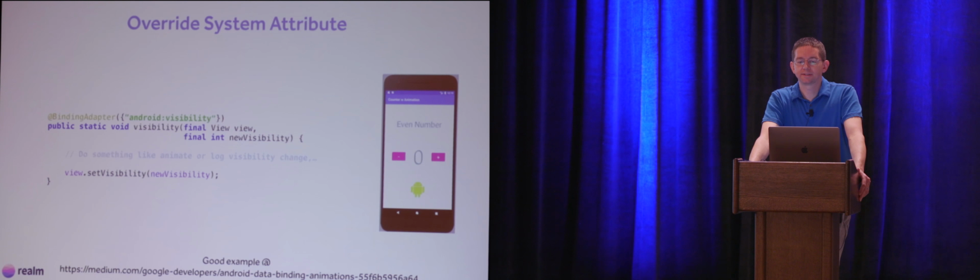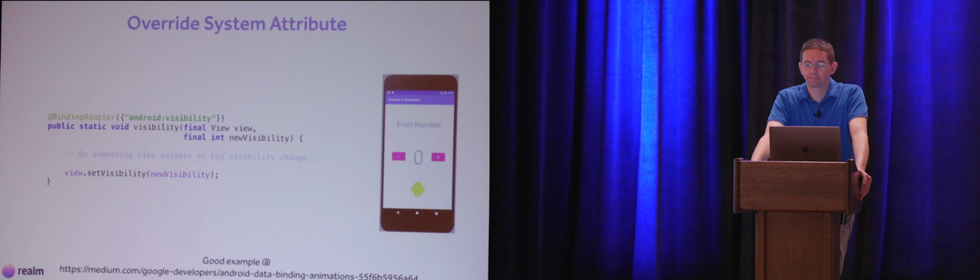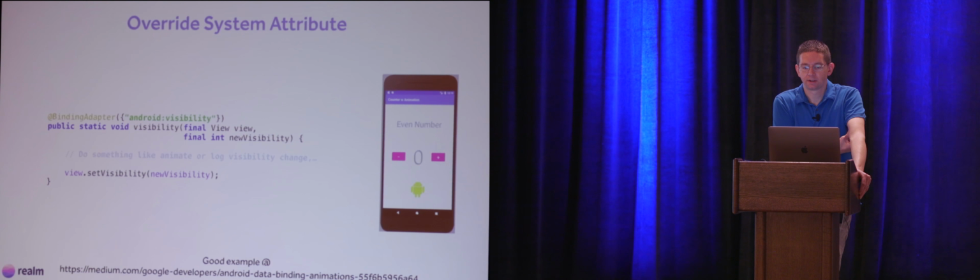You can override system attributes. For example, anytime in your application you're setting visibility, you might want to log that visibility changed, or you might want to animate that view going in and out. There's a great full example on how to do this at medium.com.